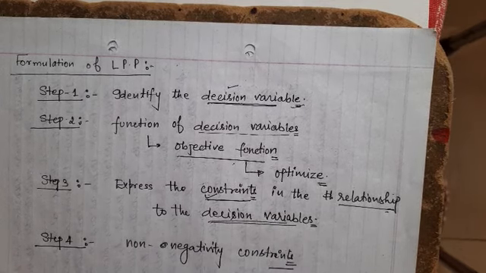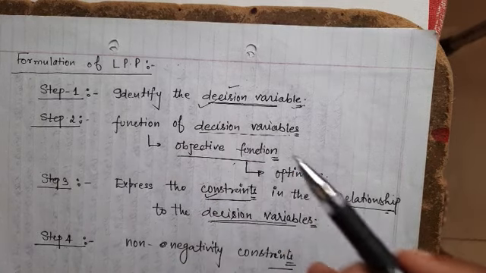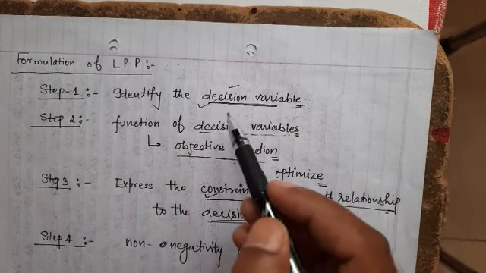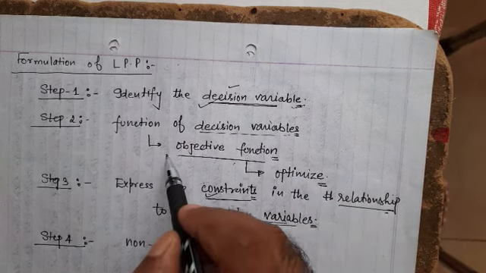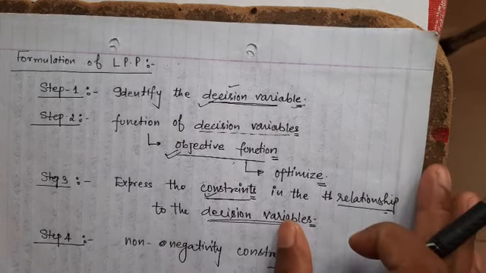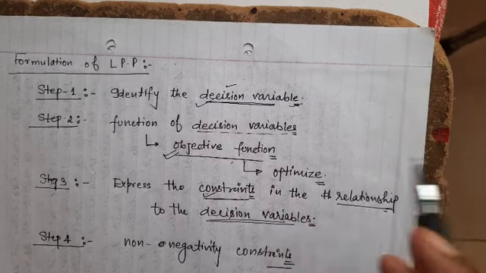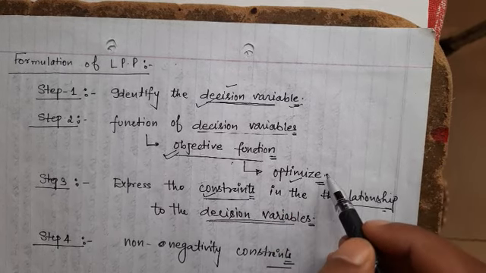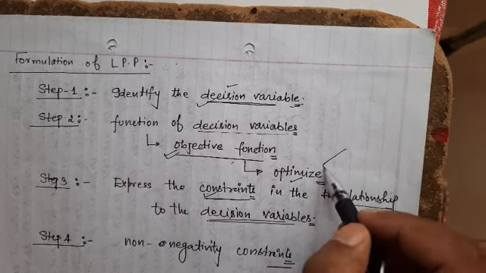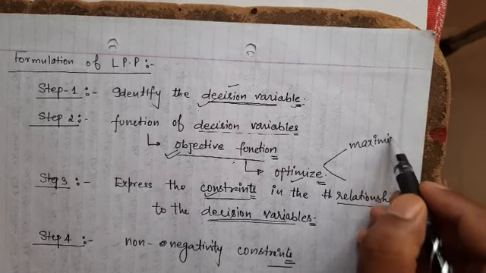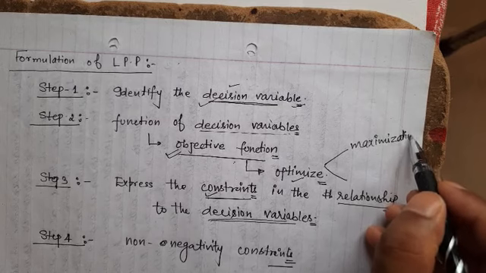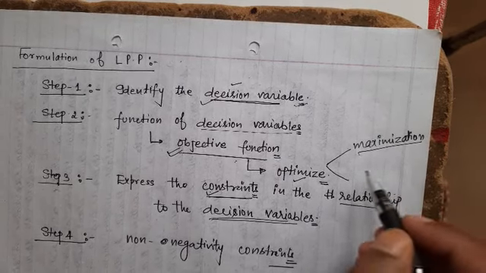In the first step, identify the decision variables. What do we have to find in the question? Related to those decision variables, write the objective of the problem: whether it is a maximization or a minimization. Optimization here means maximization if it is a profit related problem, so it has to be maximized.